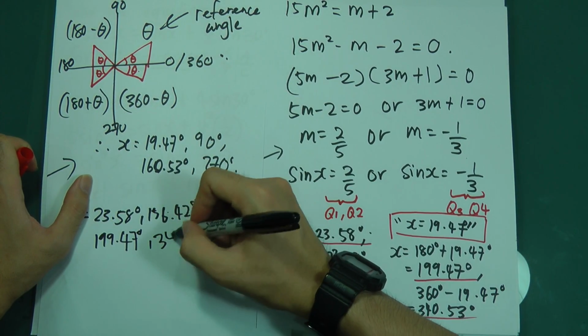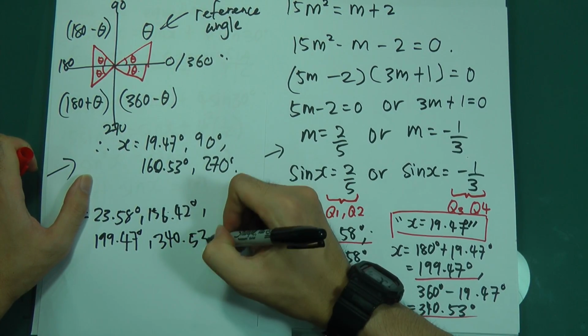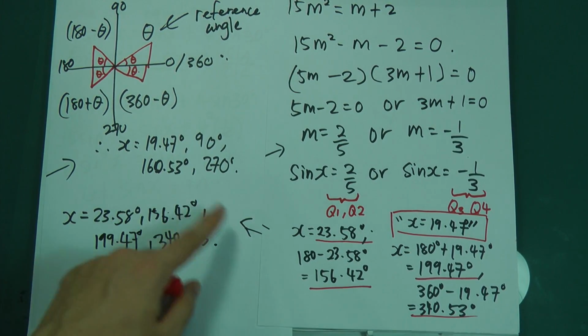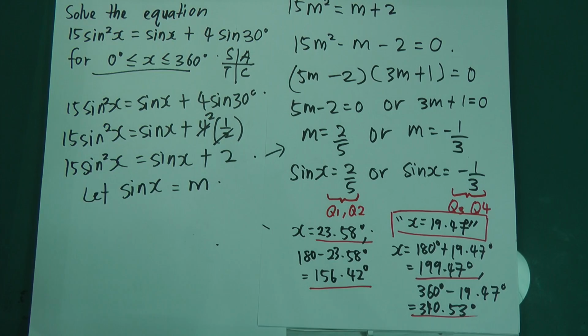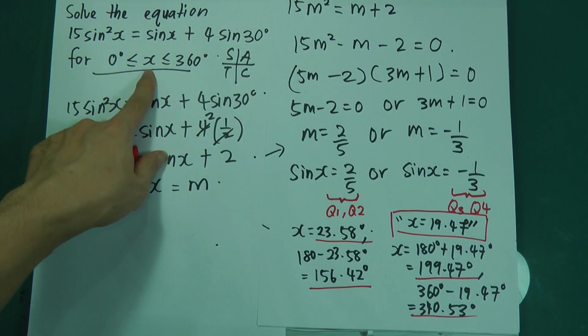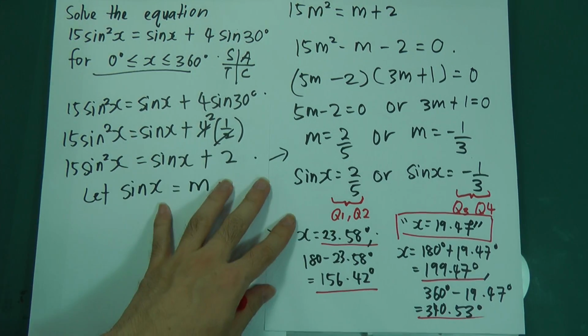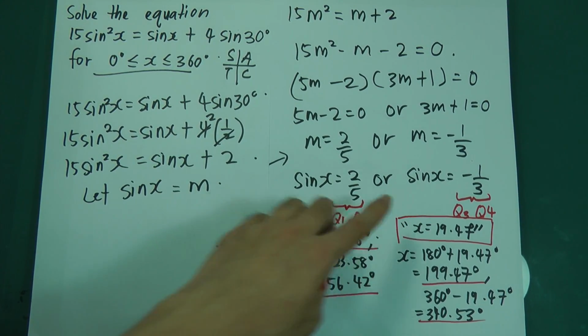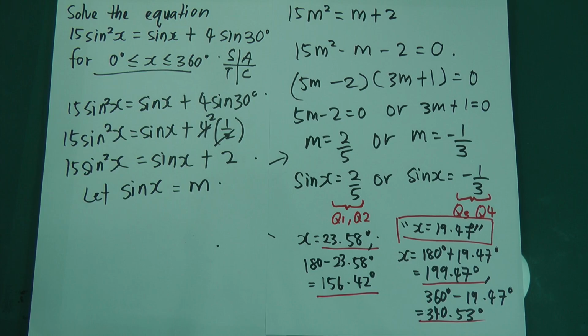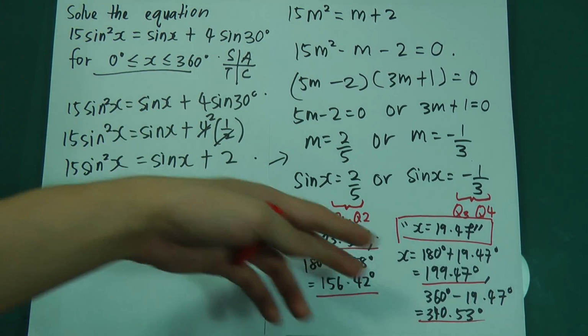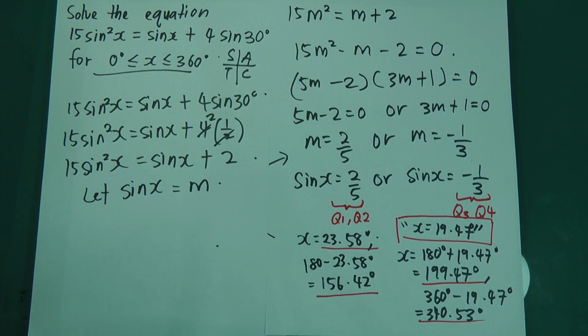You will get 4 different answers when the question says x is 0 to 360, and after you solve it, whether the answer is positive or negative. Most of the time you will get 4 different answers because it involves 4 quadrants. So this is the way to find the answer in the 4 different quadrants.